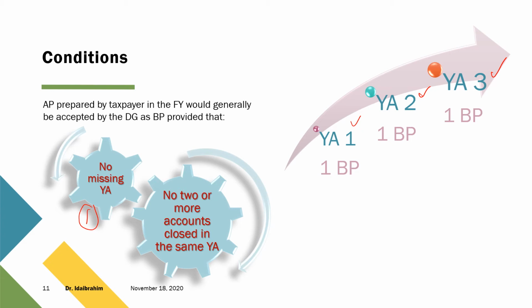And condition number 2 is that there is no 2 or more accounts closed in the same year. Okay, so in year 1, you cannot have 2 AP. If you have 2 AP, accounting period, means that probably one closed on 31st March, and then you close again second time on 31st December. Cannot be like that. Okay, this one cannot. This one we will bring to here.